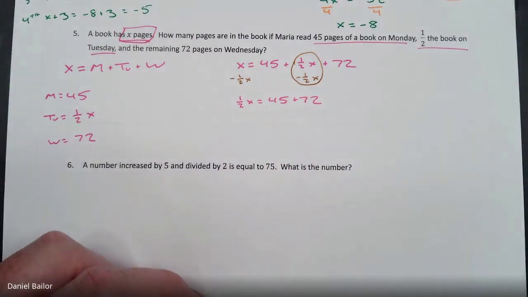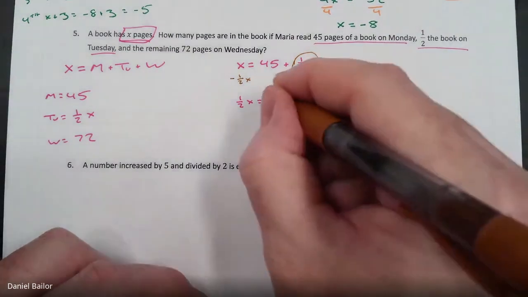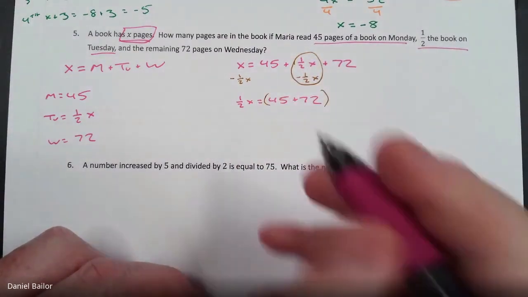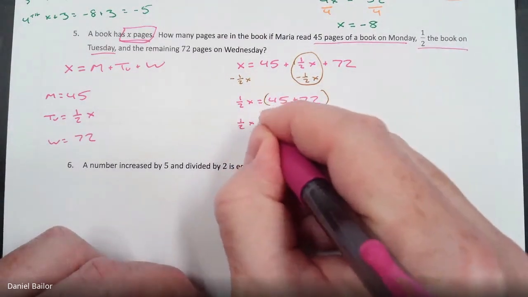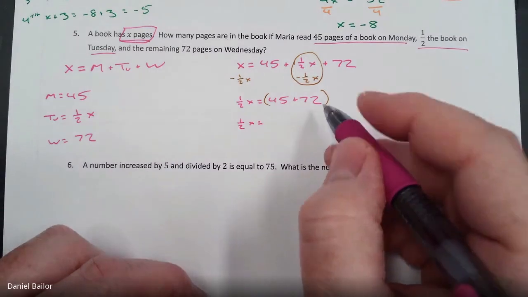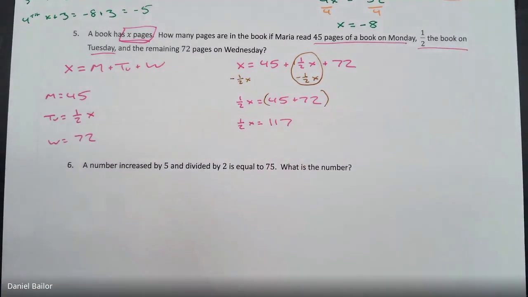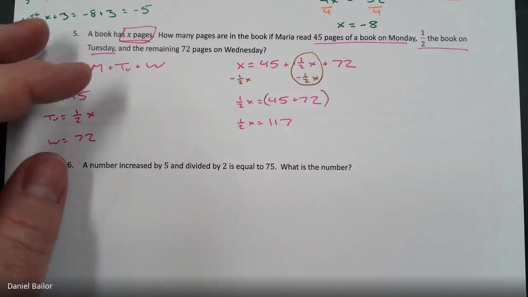Well, now it's just adding. There's the associative property. I'm going to add that first. So I get half x equals 45 plus 72 is 117. Just 117, I believe. Yes, 117. I'm pretty sure I'm right. 7, yep, 117, I'm good.